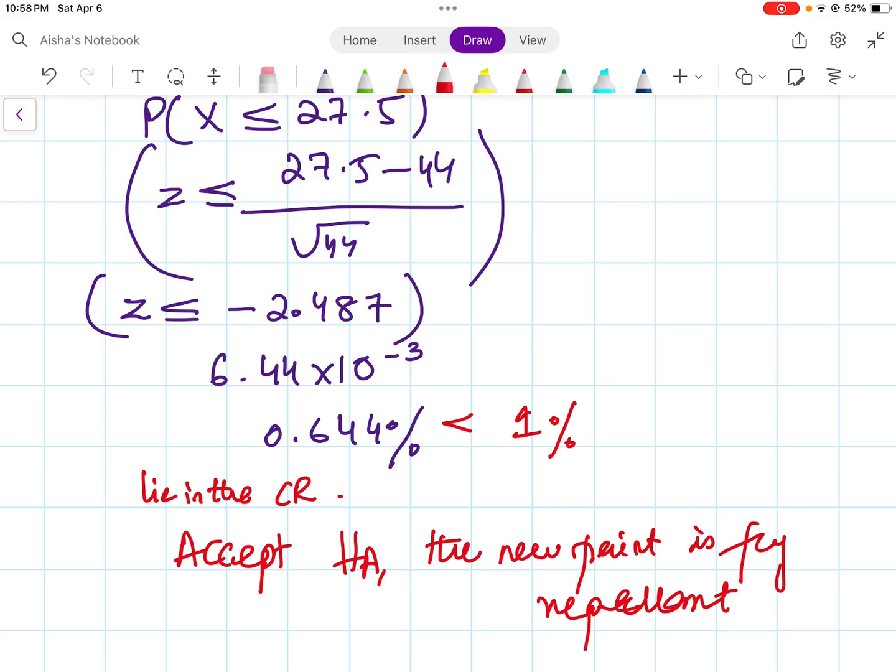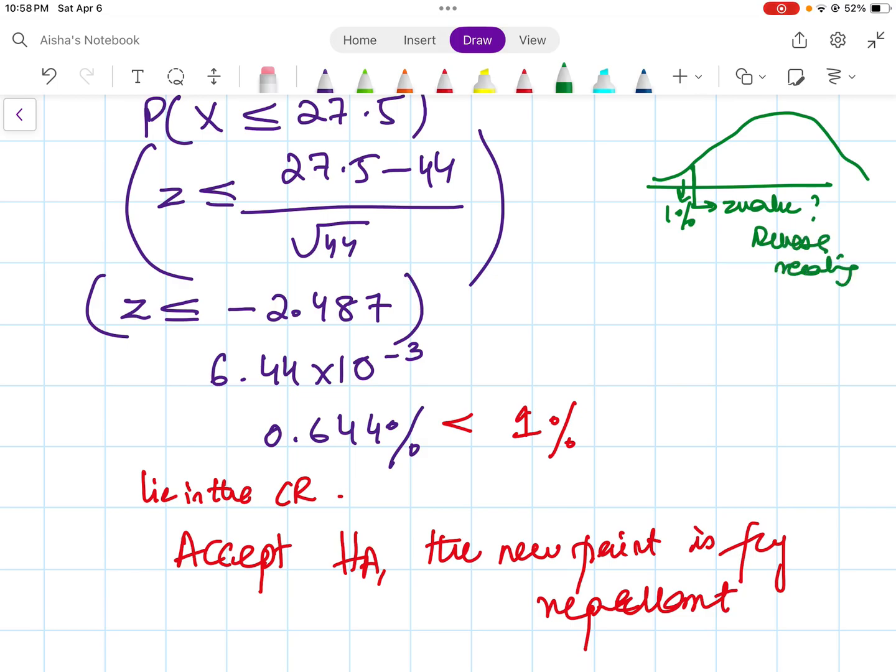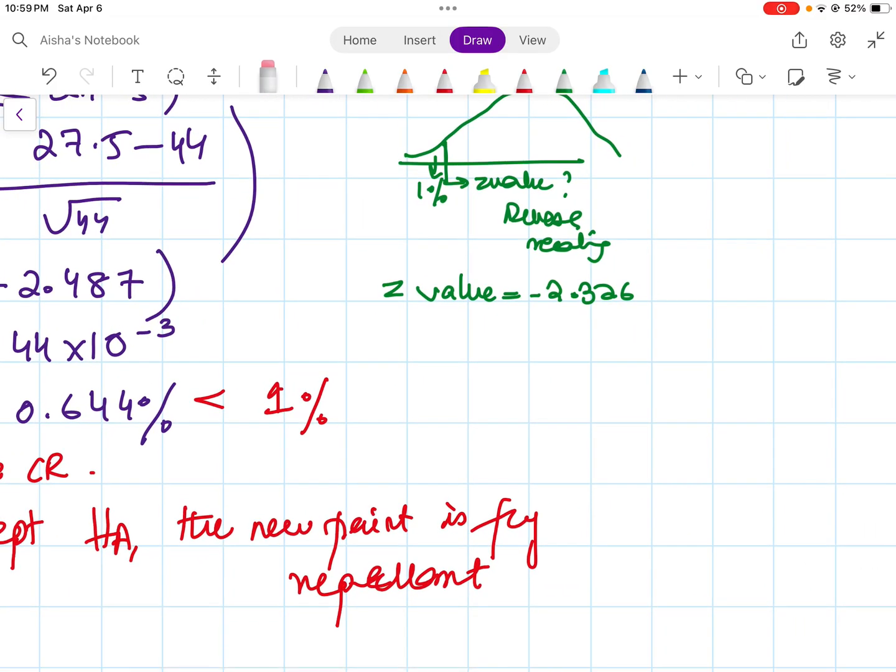You can also stop at the z value. When I say 1% significance level and it's a lower tail test, find the z value of this. How? By reverse reading. So using the calculator or the table, when I reverse read 0.01, my z value is minus 2.326.